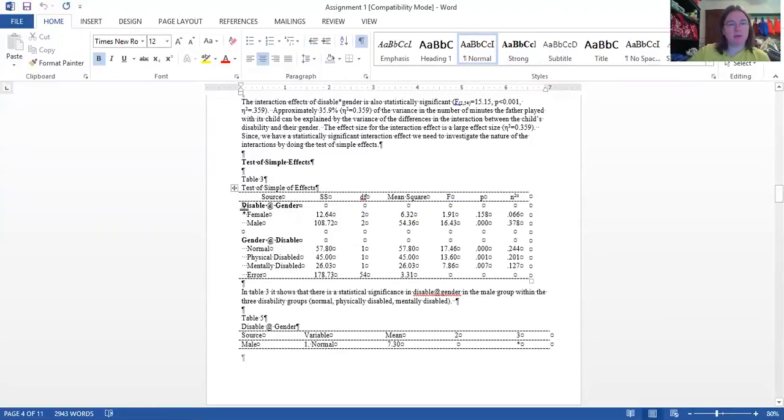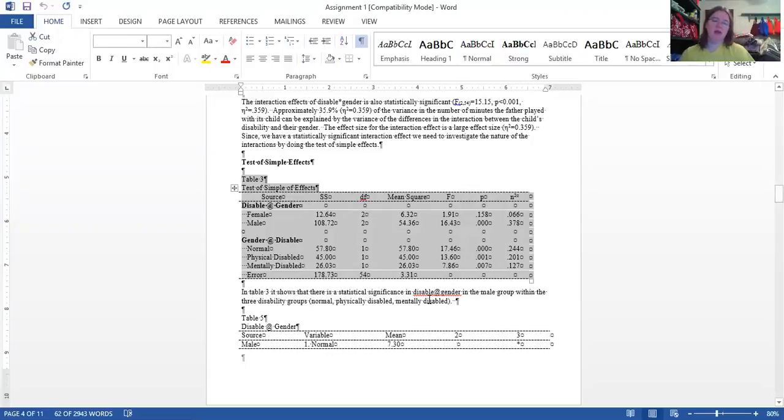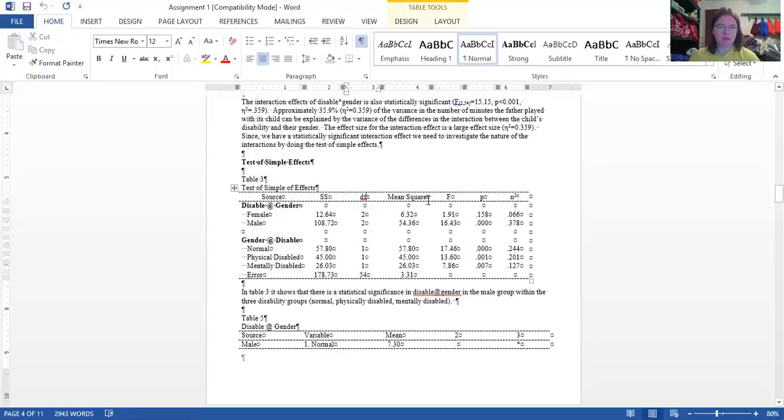And maybe you've already written about it. This is what you want your table to look like in the end. Instead of having 2 tables, you'll have one, and you'll put both of them in the same table. You're going to have the source, the sums of squares, degrees of freedom, mean square, F, P, and the eta squared, which is η². Okay? So let's go back to your assignment.